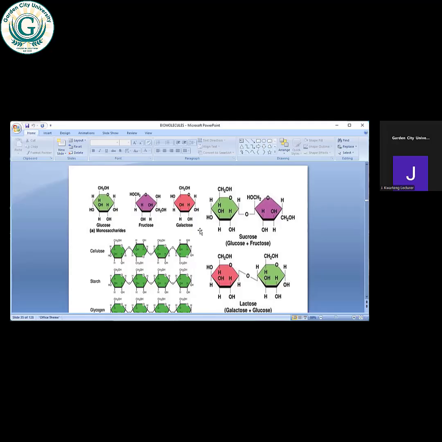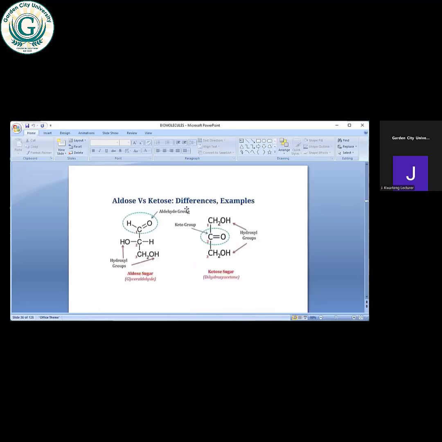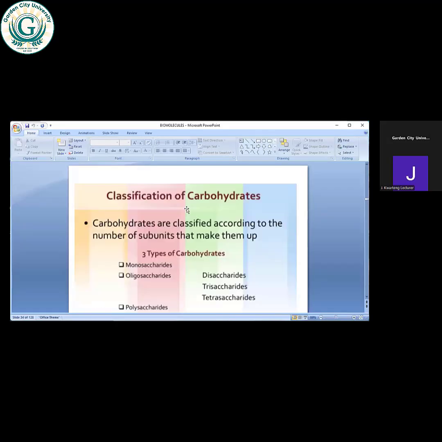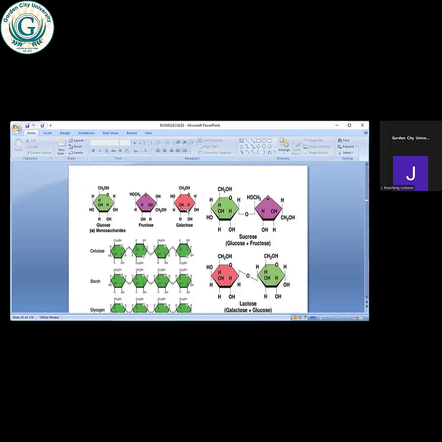Then these single sugar units can join through what we call glycosidic bonds, and form what we call disaccharides, oligosaccharides, and what? Polysaccharides. A common example of a disaccharide is formed when glucose joins with fructose.